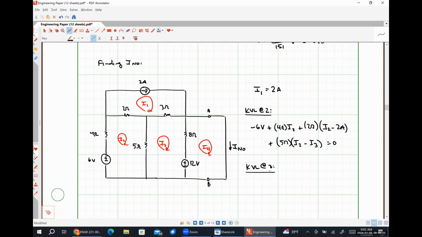KVL at mesh 3 is going to look like 5 ohms times I3 minus I2 plus 3 ohms times I3 minus I1, where I1 was 2 amps, plus 8 ohms times I3 minus I4, plus 12 volts is equal to 0.